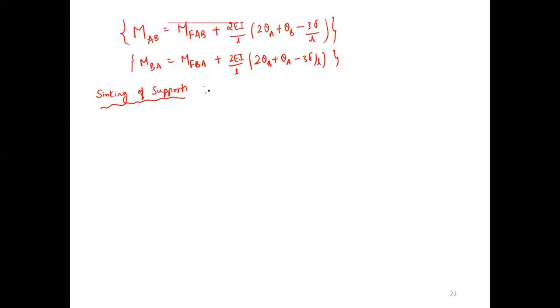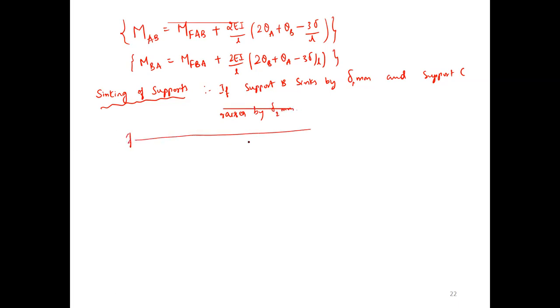So when I say that support B sinks by delta 1 mm and support C rises by delta 2 mm, take for example a beam like this, A, B, C, D. This is the given beam, but here sinking conditions are given.